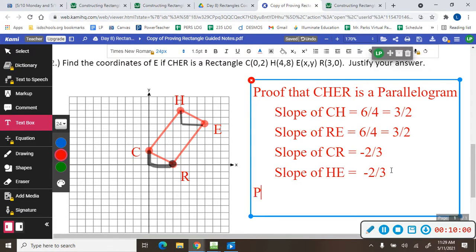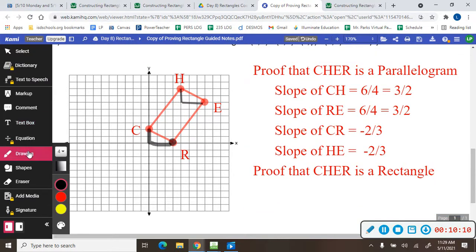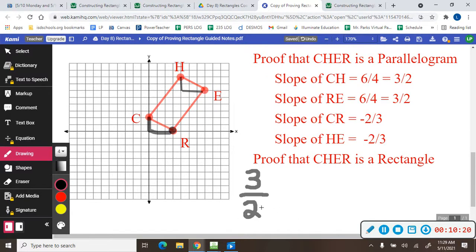Now let's prove that CHER is a rectangle. Another way to think about it is if you have 3/2, the opposite reciprocal means the 2 goes up and the 3 goes down.